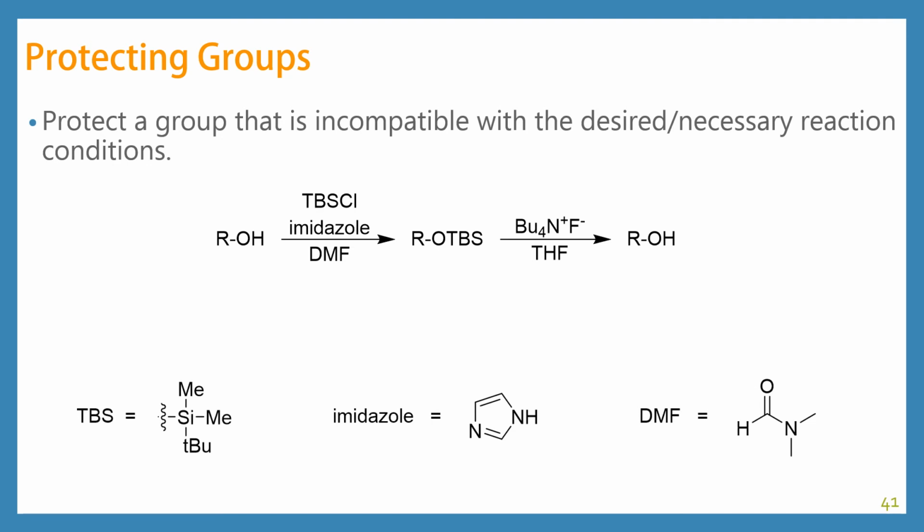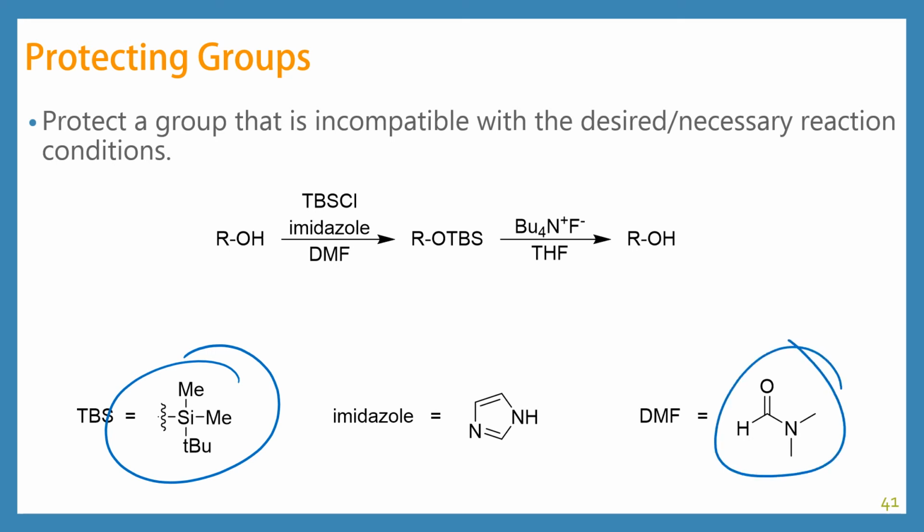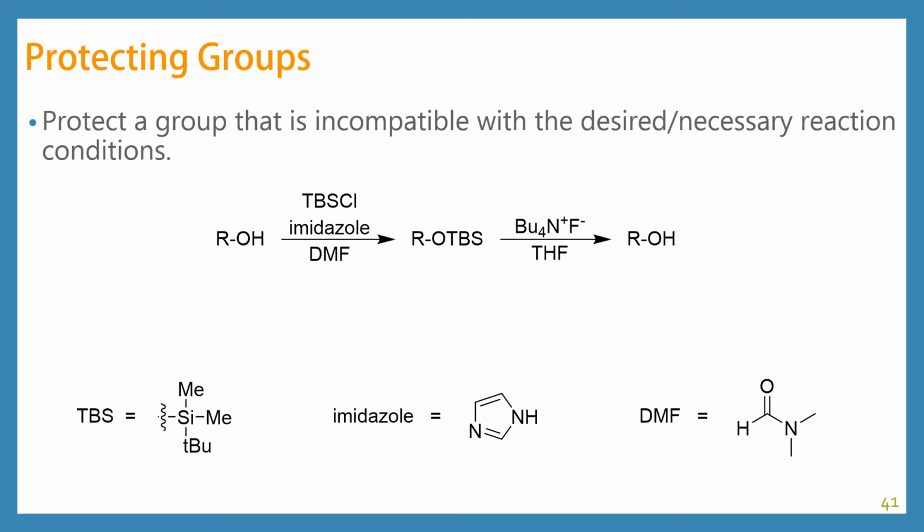So TBS is here, TBSCl is when you have a chlorine. Imidazole is just a base, and DMF is your polar aprotic solvent. The aprotic part being really important here. And what that does is it essentially trades out your acidic proton for a TBS group that's not going to be affected by the Grignard at all.